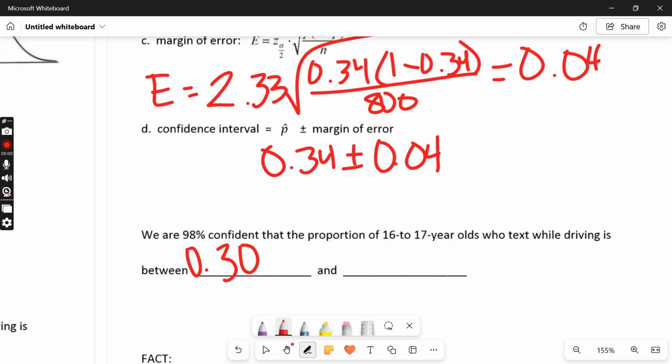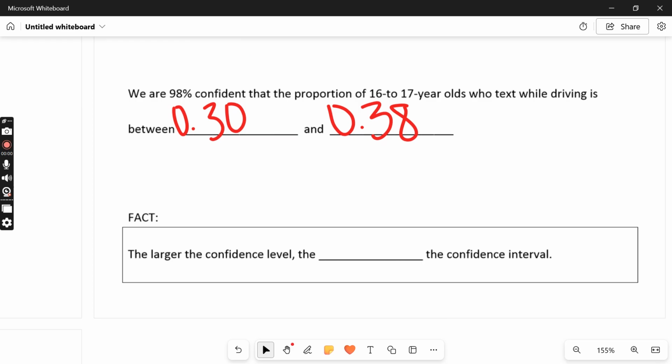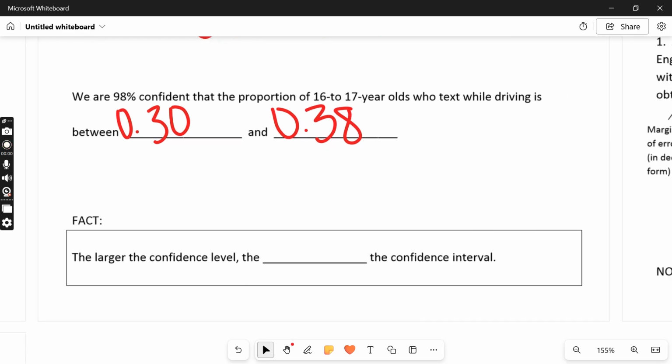You can put that last zero if you want, but you don't have to. And then 34 plus 4 is 38. In fact, the larger the confidence level, the wider the confidence interval. So it'll have to contain more values.